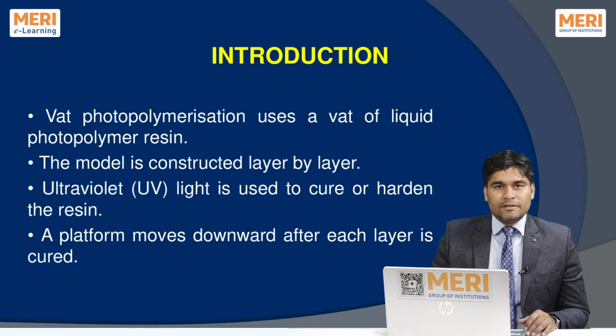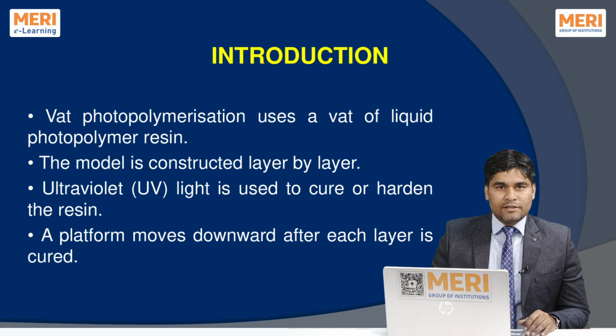In this technique, a liquid material known as photopolymer resin is used as the raw material. When this resin is exposed to ultraviolet light or another suitable light source, it undergoes a chemical reaction and solidifies. VAT photopolymerization is widely known for producing parts with high dimensional accuracy, smooth surface finish, and detailed features.